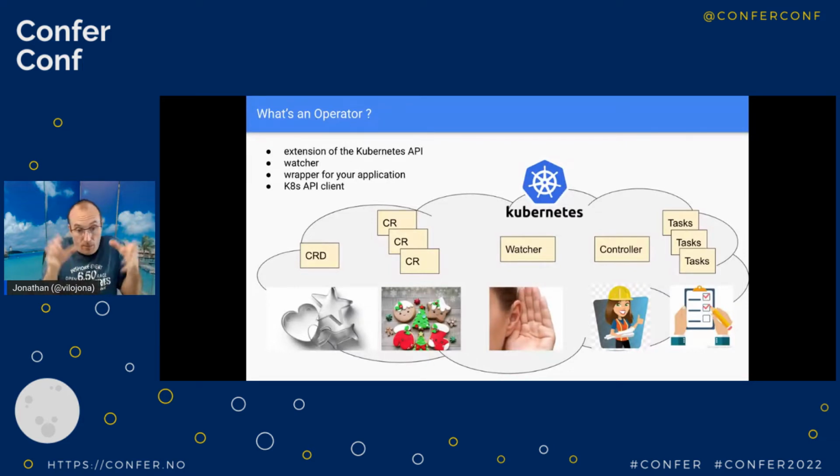Our pet store application has several pods, several deployments, services, whatever element in Kubernetes that you can imagine. But in the end, you can wrap all of that, saying I have the pet store application. That's called the CRD, the custom resource definition. So we are going to define what a pet store is.